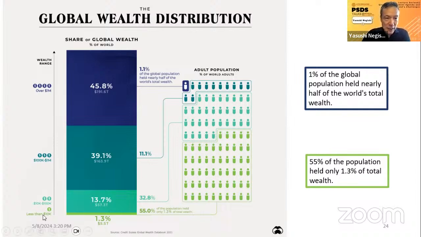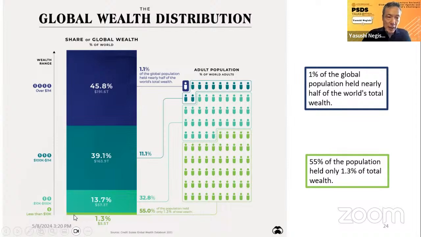I can explain how to read this graph. This is the world's global wealth: deposit money, real estate assets, and so on.